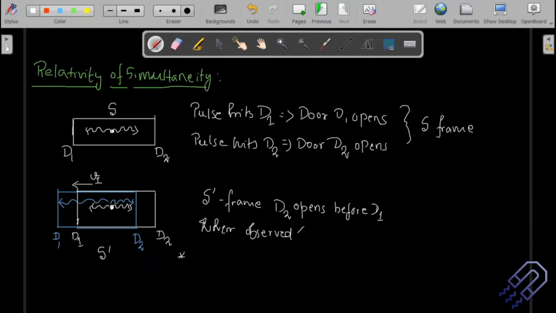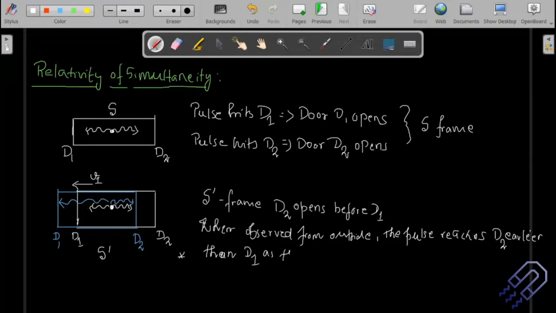When observed from outside, the pulse reaches D2 earlier than D1, as the box moves with velocity v1 towards the left.